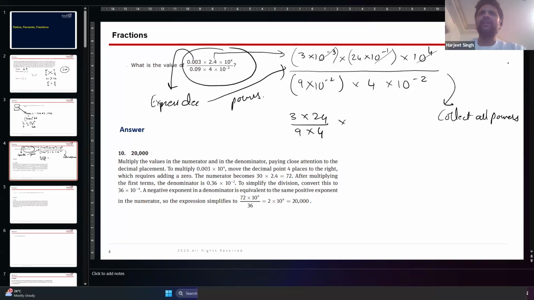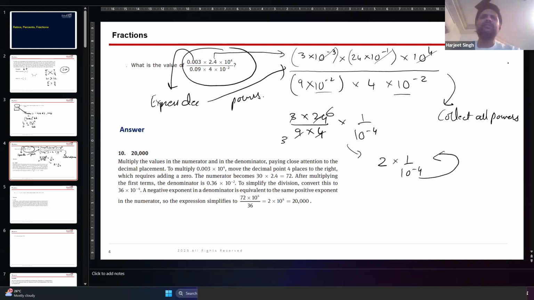And in the denominator, we have these two, so these become 10 to the power minus 4. And we can simplify, this is 3, this is 6, so 6 by 3 is 2. So ultimately we have 2 into 10 to the power minus 4.